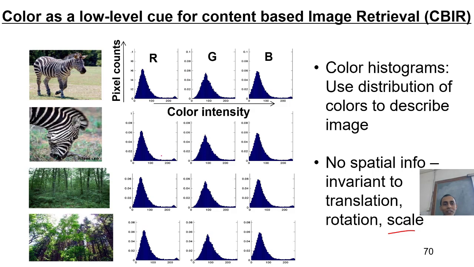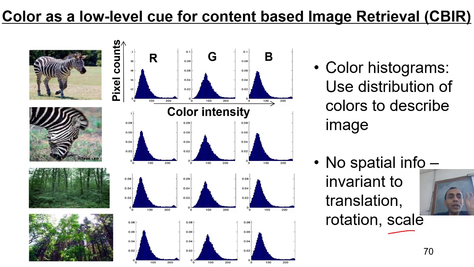They may not be the exact histograms, but it may be quite possible that two different images with different content may have a similar looking histogram, and that is one disadvantage of using a histogram, because histogram is a global descriptor as we said.